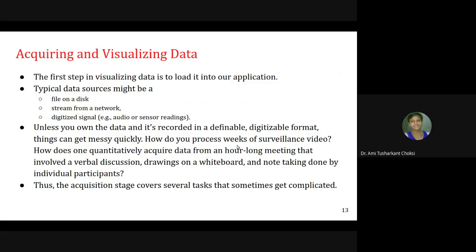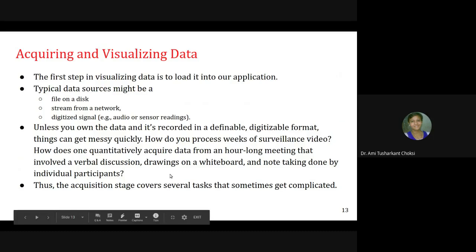How do you process weeks of surveillance video? How does one quantitatively acquire data from an hour long meeting that involved a verbal discussion, drawings on a whiteboard, and note taking done by individual participants, right?